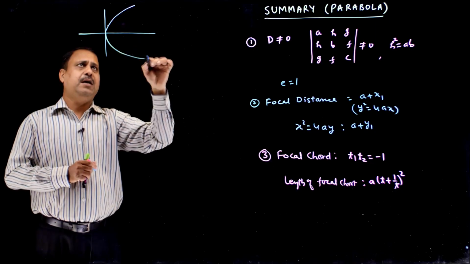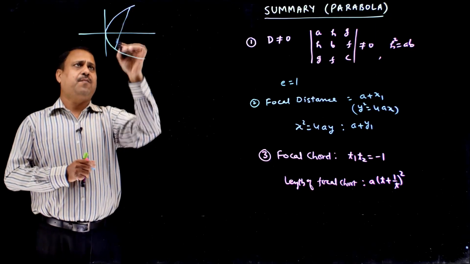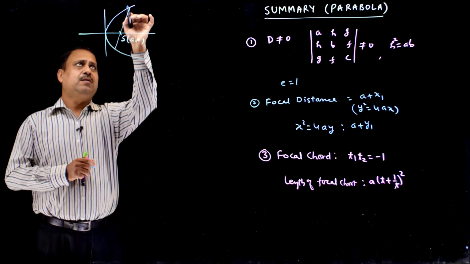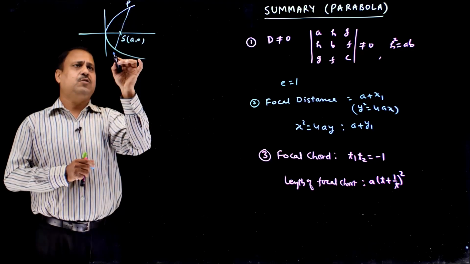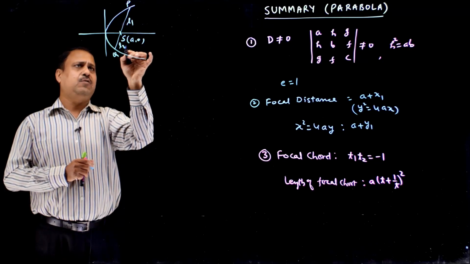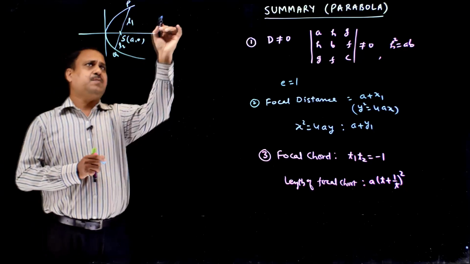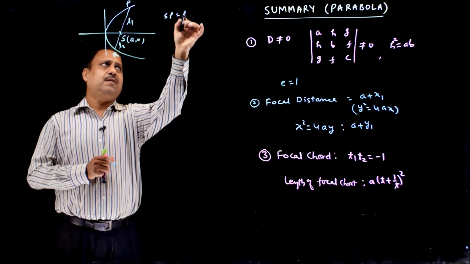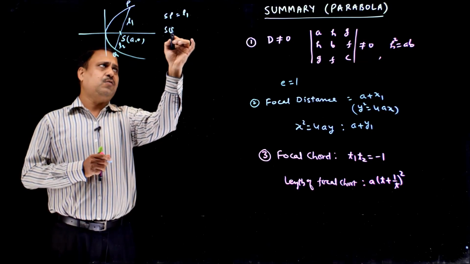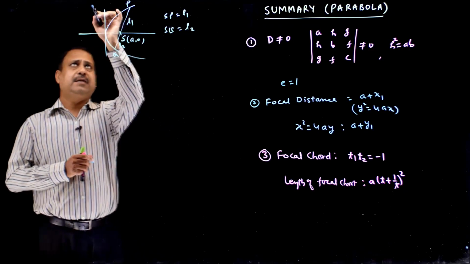Suppose this is my parabola. This is a chord passing through focus S (a, 0). This is P. This is Q. This length SP is called L1, and this length SQ is called L2. SP is L1, one of the focal radii, and SQ is L2, the other focal radius. This is the directrix.